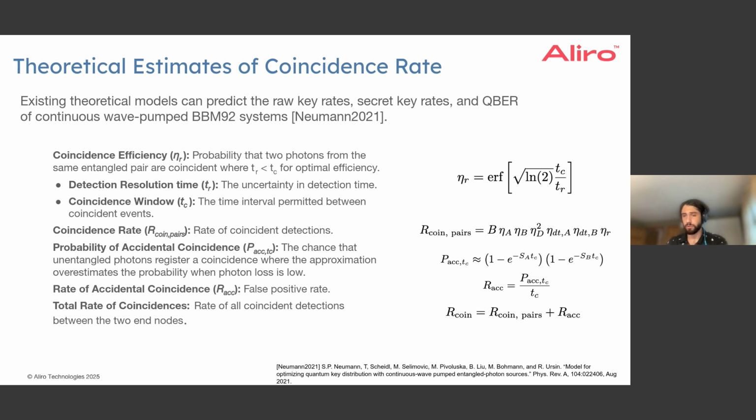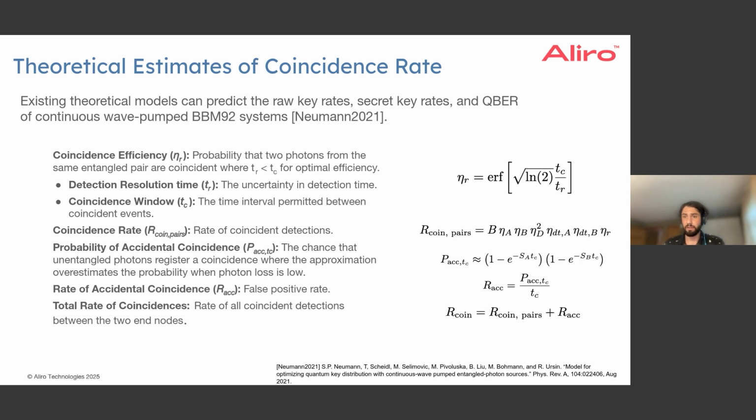This will actually introduce errors in the theoretical model when the experiment starts to deviate from this high loss regime. So the next step is we can then calculate the rate of the accidental coincidences using this probability, and then calculate the total rate of coincidences, which is the rate of coincident pairs plus the rate of accidental coincidences.